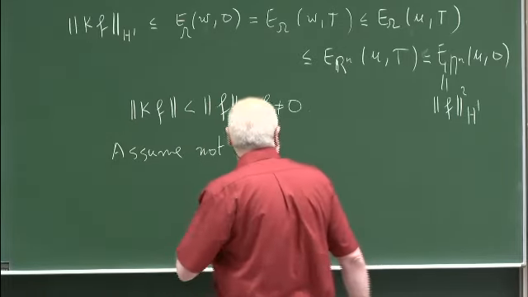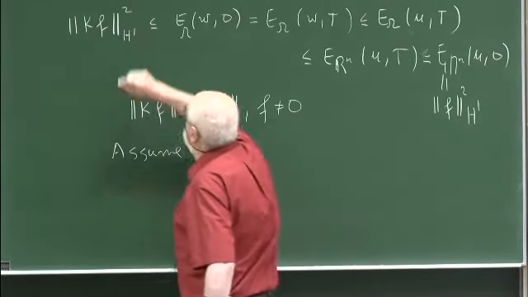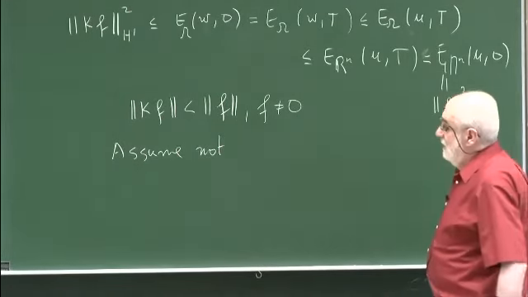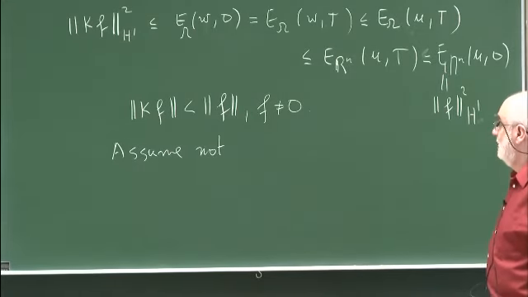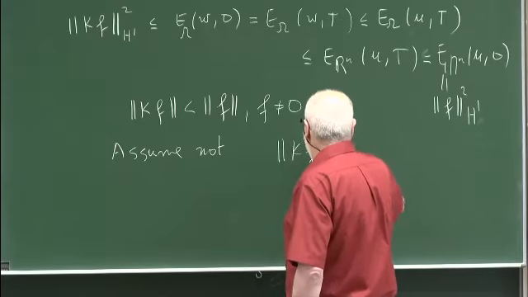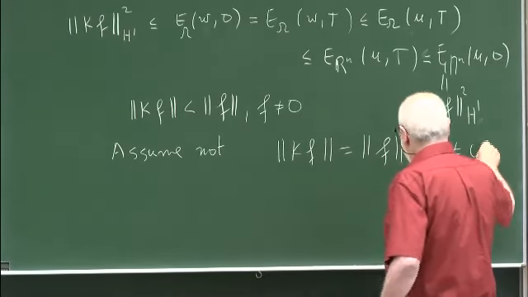So assume not. So all of these strings of inequalities are equalities. You have this on the left-hand side and Kf on the right-hand side. So assume not, so the norm of Kf is equal to the norm of f for f non-zero.